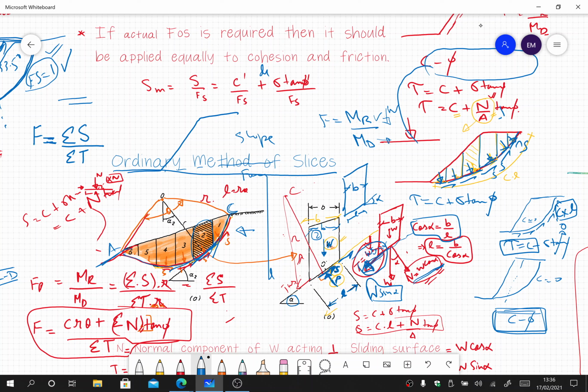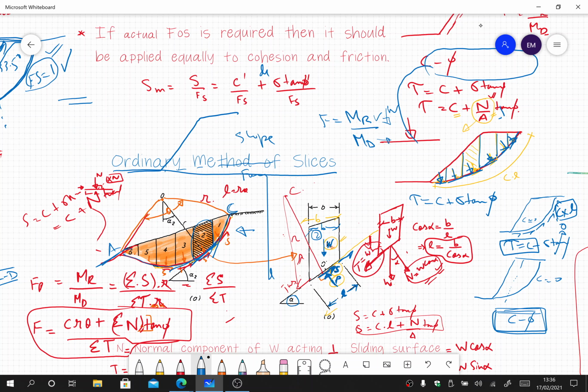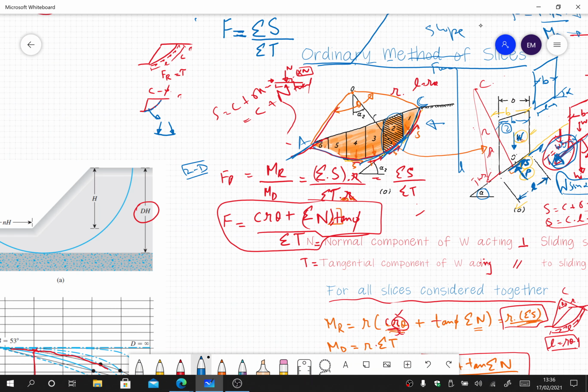So if we further open this up, factor of safety will be equal to the summation of S, shear strength, over the summation of T. Because we know that shear strength S is equal to C plus sigma tan of phi, and it will be multiplied by R, actually, sorry, I forgot this point.